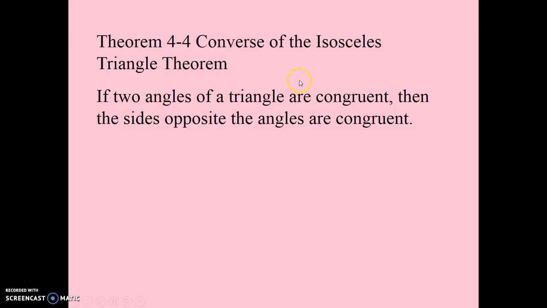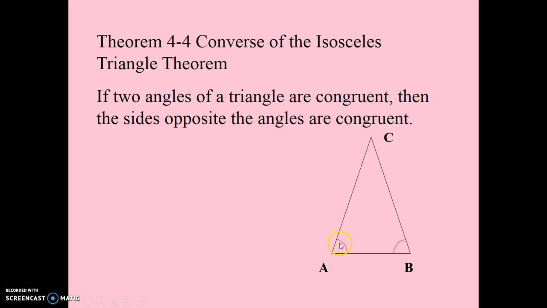Alright, then the converse. Converse, that's where you wear your shoes flipped. So, what do you think I do with the two statements? Well, I just flip them. If two angles of a triangle are congruent, so we might start with this down here, angle A congruent with angle B. Then the two sides opposite of the angles are congruent.